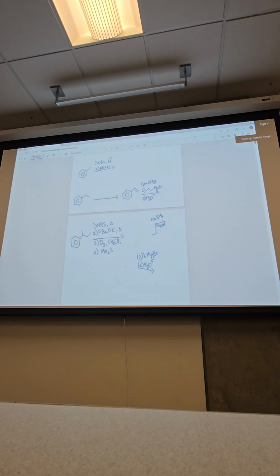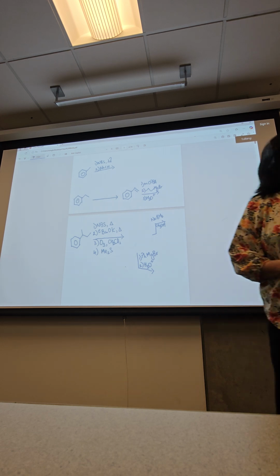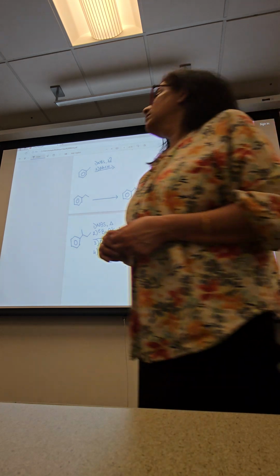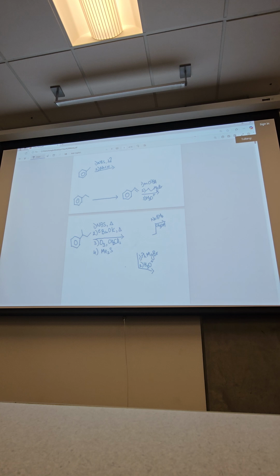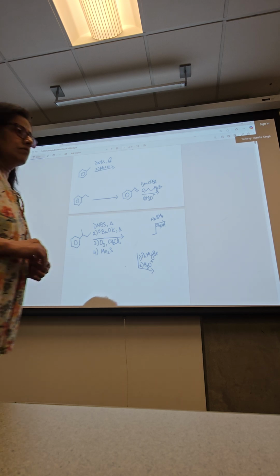We use tert-butoxide. Oh, that's right. That's a Hofmann. So tert-butoxide and then heat. Is that what you get? Oh, because we need something to take off. Of course.